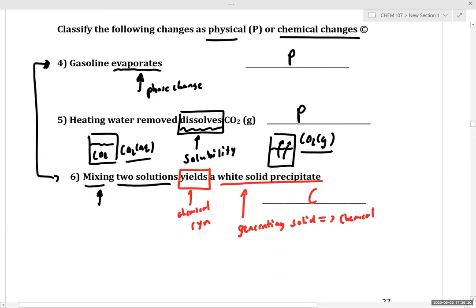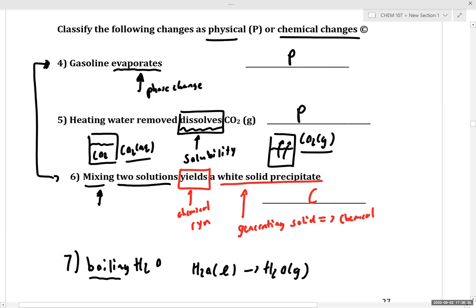Someone had a question, boiling water. So boiling water, just as a bonus example. So boiling, we're going from H2O liquid to H2O gas. Does the chemical formula change? Yep. And since the chemical formula stays the same, this would be a physical change.